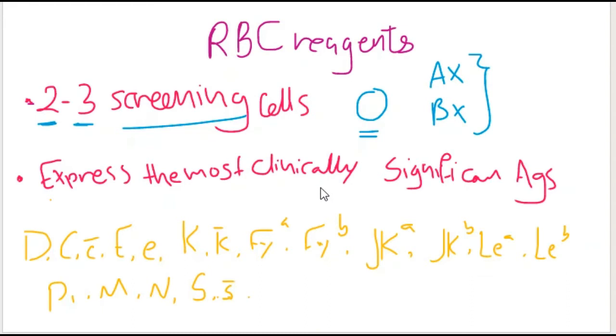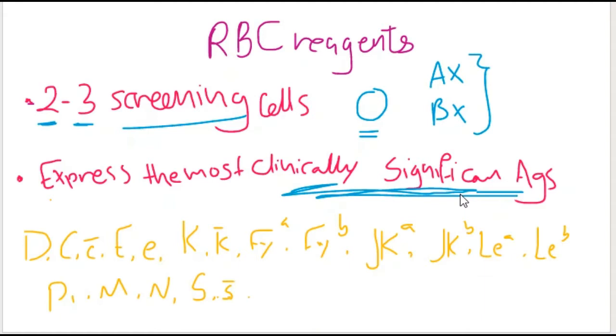These screening cells will express different antigens. They have to express the most important clinically significant antigens. So the importance of an antigen comes from the importance of the corresponding antibody.